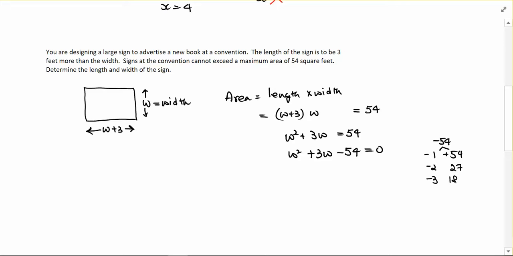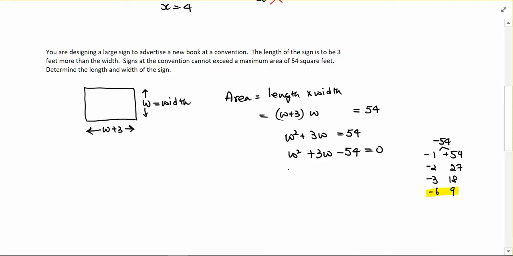Still no go. How about 4? 54 divided by 4 doesn't work. 54 divided by 5 doesn't work. How about 6? 6 and 9. There it is, right? There is my pair of numbers that multiplies to be negative 54 but adds to be positive 3.